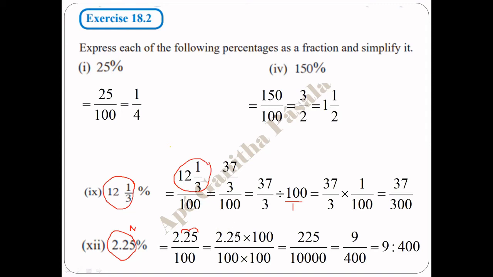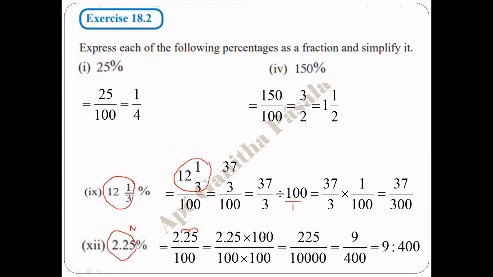So 2.25 multiplied by 100. You can't multiply only the numerator by 100. You have to multiply the denominator also by 100. Then only it will become an equivalent fraction. So multiply both numerator and denominator by 100 because we want to convert this decimal number into a whole number.